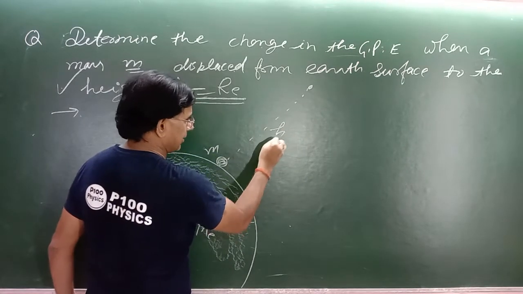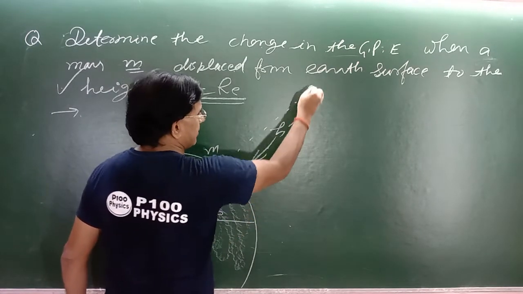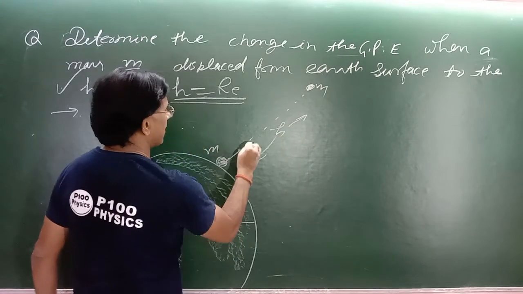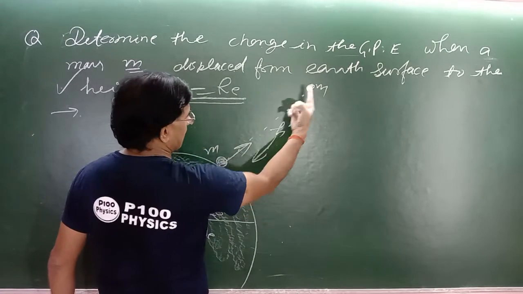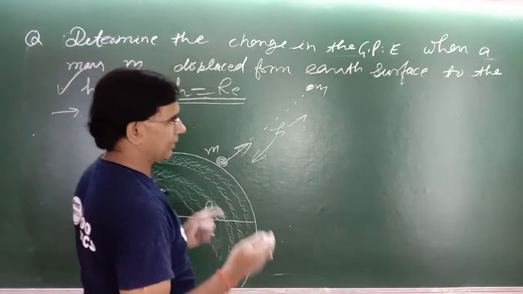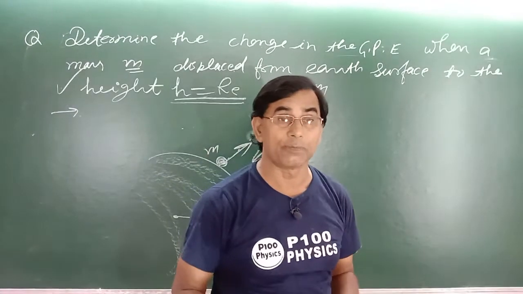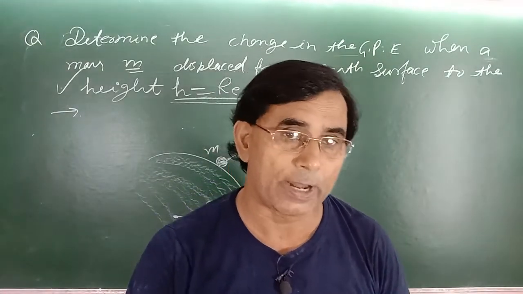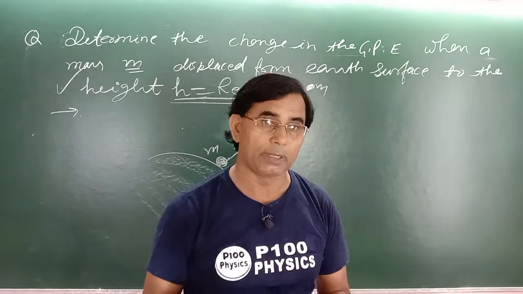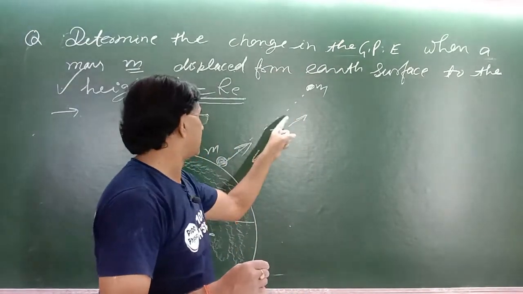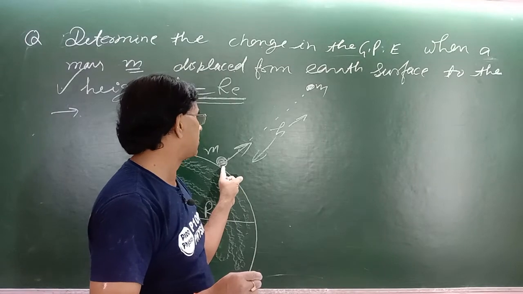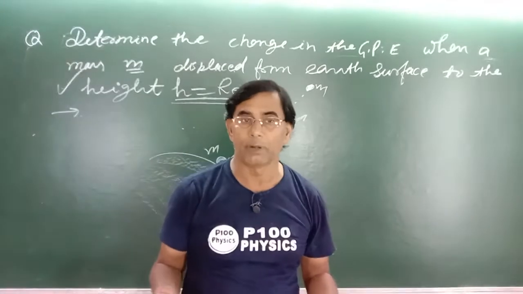The height is H. Mass M is moved from here to here. What is the change in the gravitational potential energy? Work will be done, because you are shifting this mass against gravity. Therefore, work will be done.